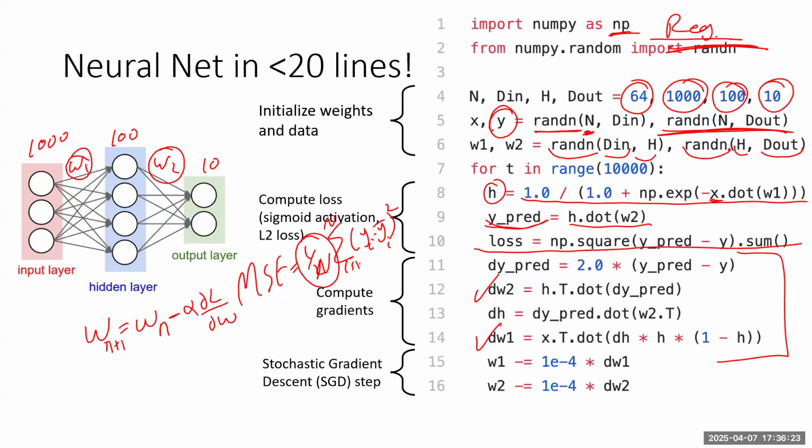Then we will substitute into the relation here with the value of alpha. This alpha equals 10 to the power minus 4. So the newer version will equal the older one minus alpha times the derivative.